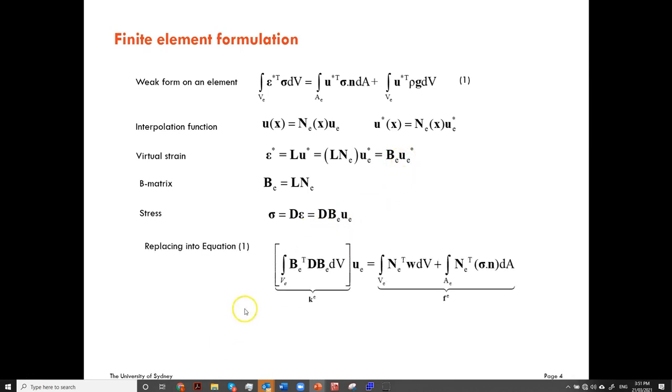Then we're going to replace all these quantities into the weak form, and then we convert these equations into element matrix equations where this is the stiffness matrix, this is the vector of the external loads, and this is the vector with the boundary conditions loads.